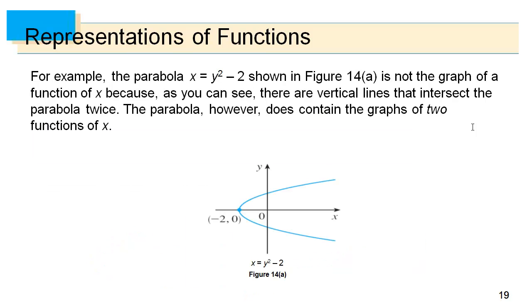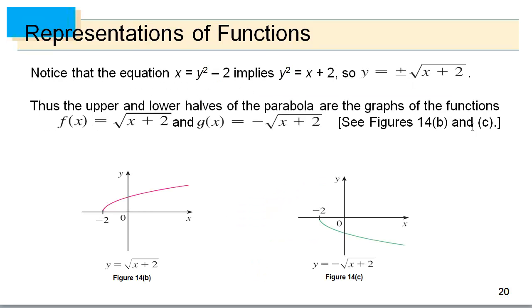It fails miserably, right? We can draw vertical lines all over the place, and that is not going to be a function. However, we can restrict it and get two separate pieces, each of which are a function. If you take the original equation here and solve it for y, so now you isolate y, and then take the square root of both sides, you get y equals plus and minus the square root of this.